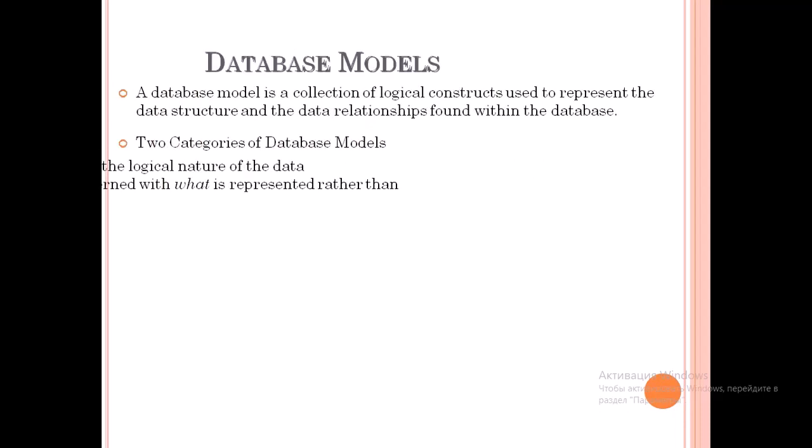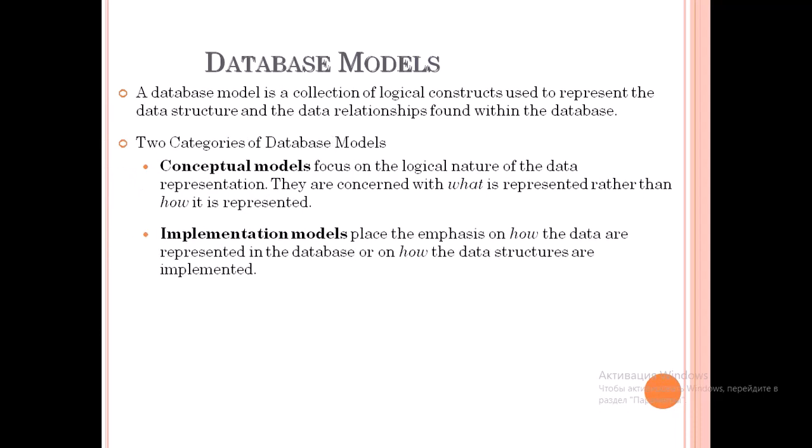Database models. A database model is a collection of logical constructors used to represent the data structure and the data relationships found within the database. There are two categories of database models. The first one, conceptual models. What is it?